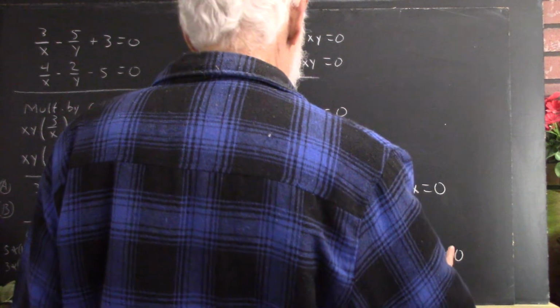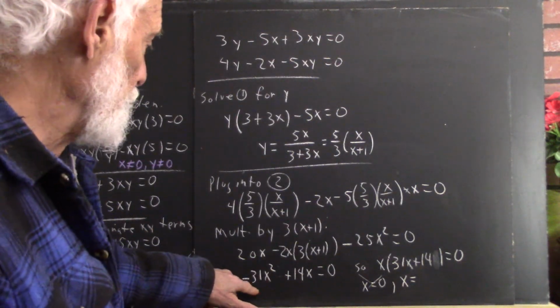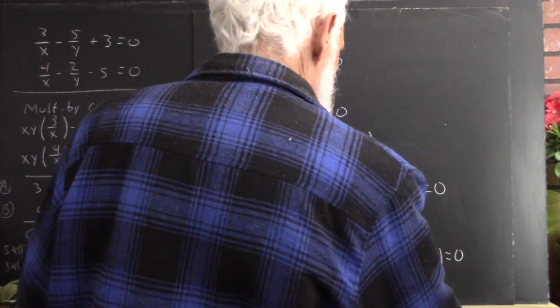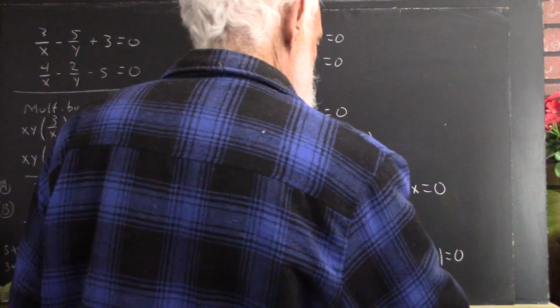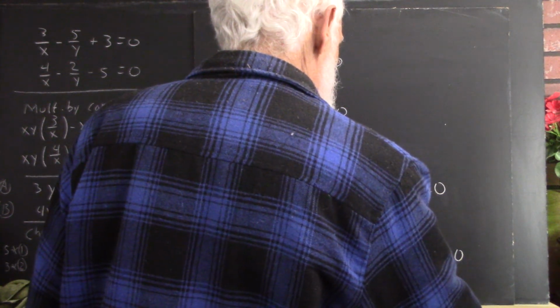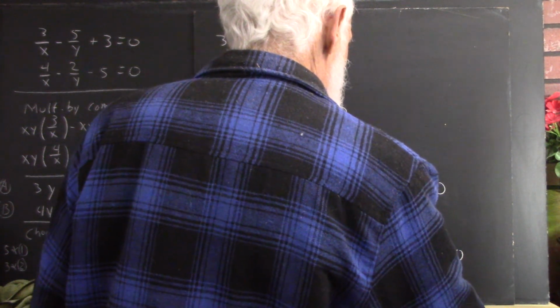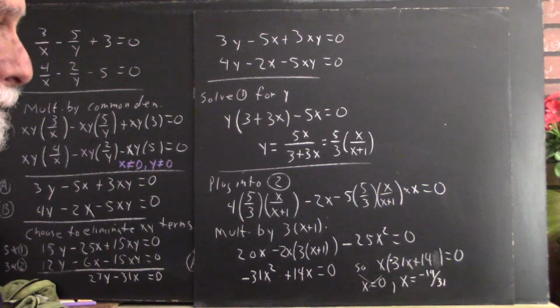There's no x on the 14. We factored out the x. We end up with negative 31x plus 14. And actually, yeah, the negative is important because that's what was causing me to think we didn't have a solution here. X would then be negative 14 over 31. Okay?